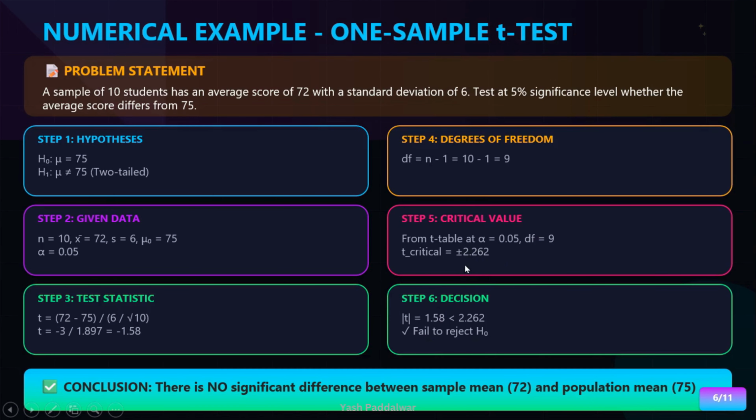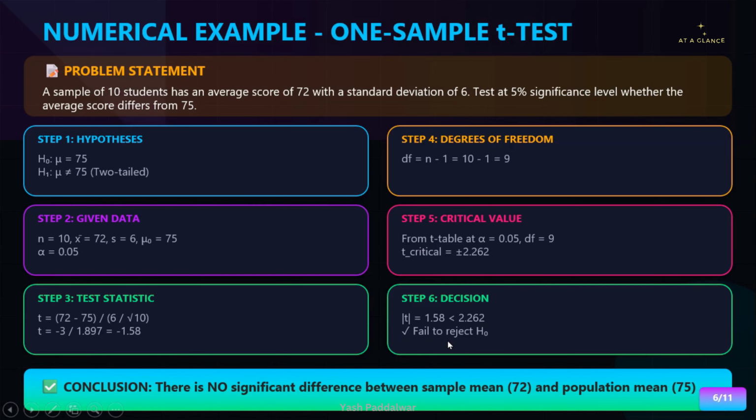If the value doesn't lie in this particular range, minus 2.262 to plus 2.262, then in that case we should reject the null hypothesis. But since 1.58 lies between minus 2.262 and plus 2.262, that is why we are saying that we fail to reject the null hypothesis.